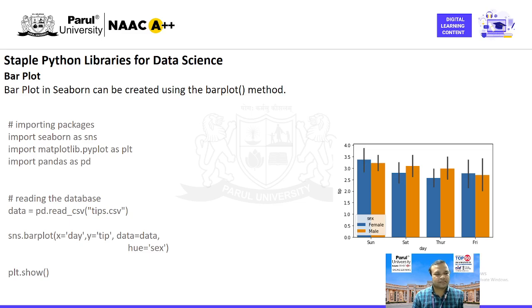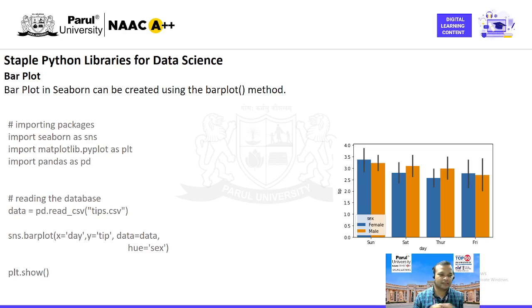Firstly, we import the packages: import seaborn as sns, then import matplotlib.pyplot as plt, then import pandas as pd. After that, we read the database, so data is equal to pd.read_csv along with your dataset name, or if you have saved it in the D drive or C drive, you just give the path of your dataset.